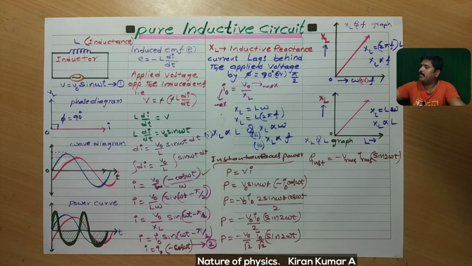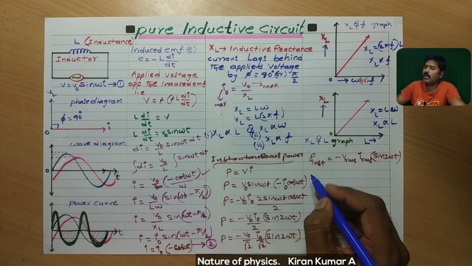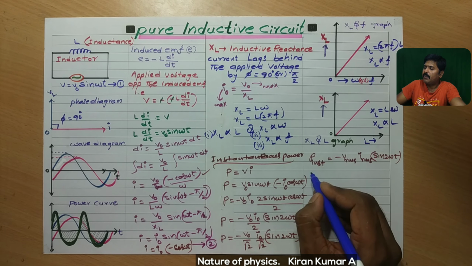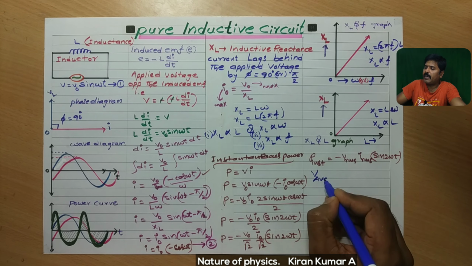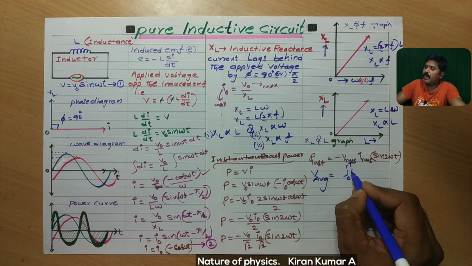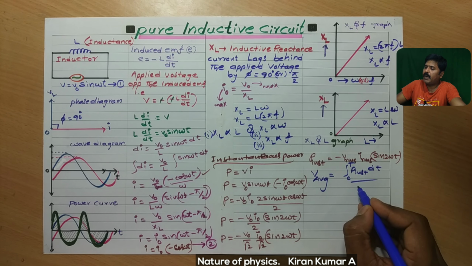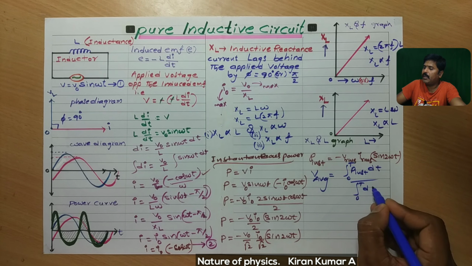And the continuation step is about the average power, student. Okay, so we can write the average power, which is equal to integral 0 to T of P instantaneous into dt, whole divided by integral 0 to T of dt, student.